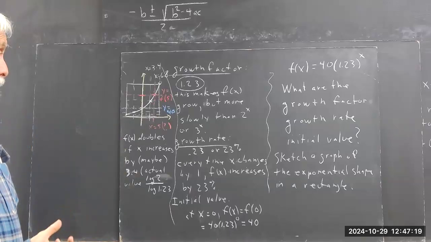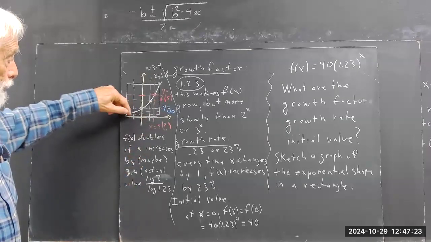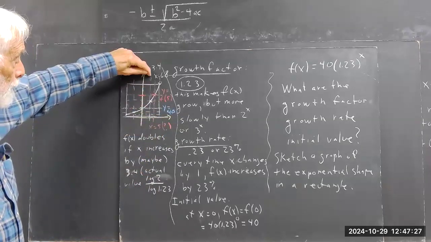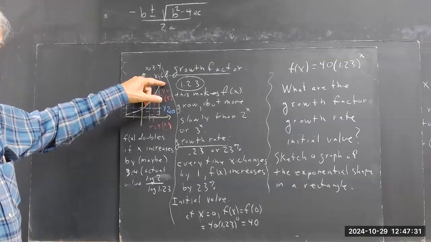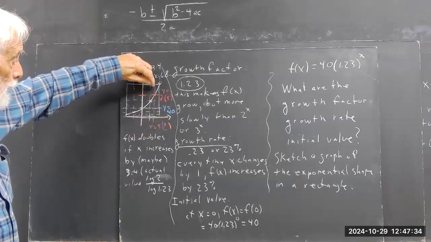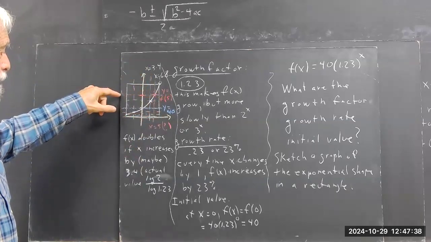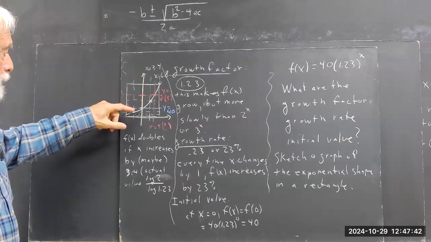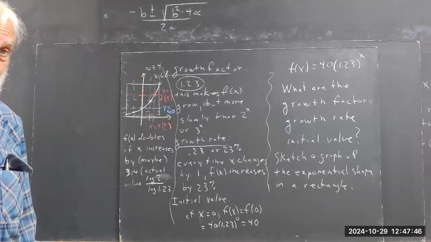It's going to help if I know how many fish I'm going to have after 5 months. Where's 5? 5 months in this graph is on the x-axis between 3.4 and 6.8, a little less than halfway between this and this. So I'm going to draw my x equals 5 line here, and then I'm going to estimate my y value. Now, here's 40, so here's 80, here's 160, I estimated about 110.